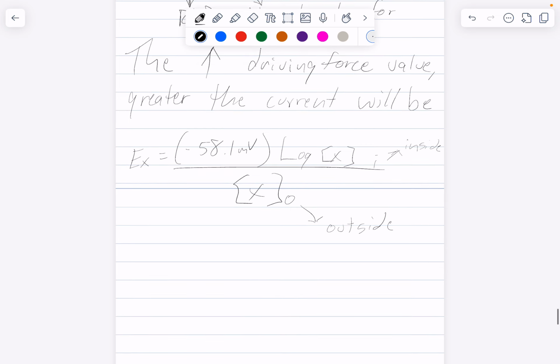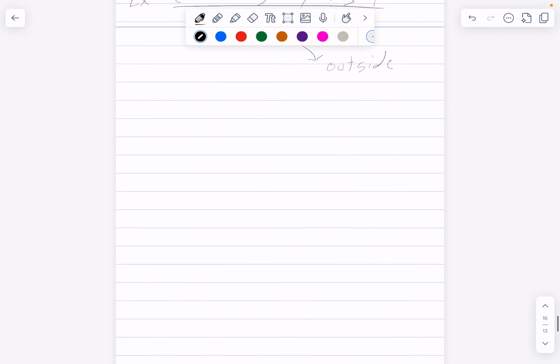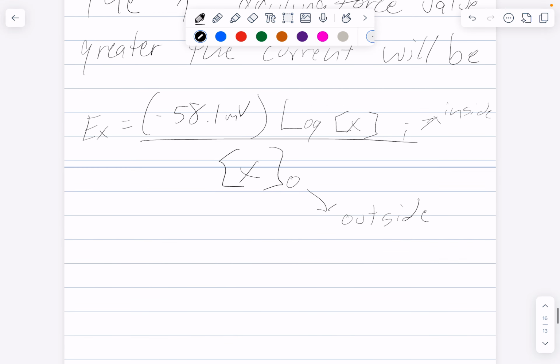So there are large driving forces wanting to push the molecules in or out, and the Nernst equation tries to pinpoint exactly how much millivolts are needed to keep that molecule at equilibrium. So this is the Nernst equation.